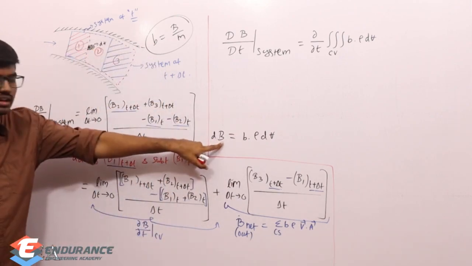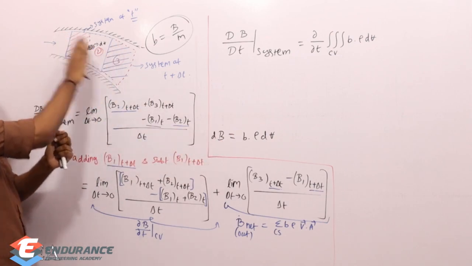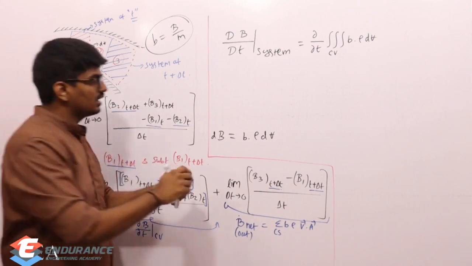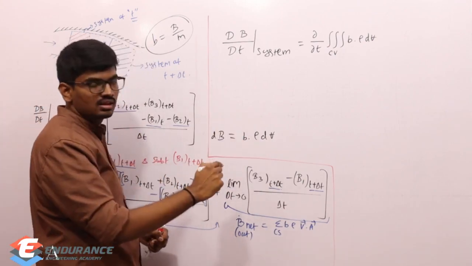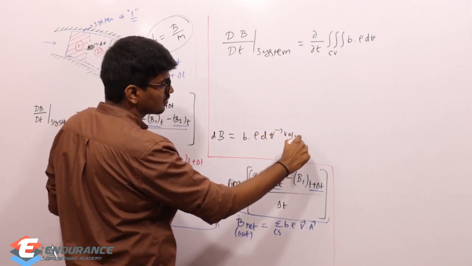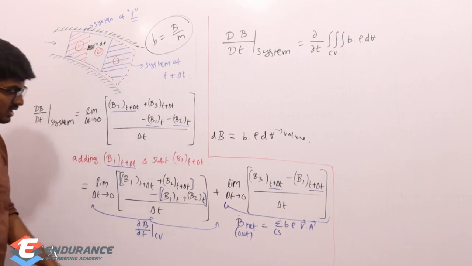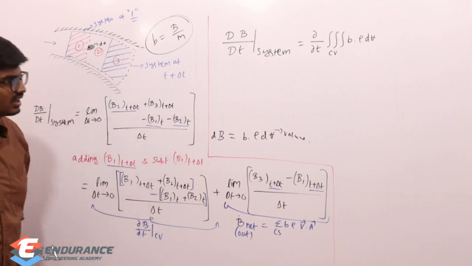If I want to find it over the complete control volume, then I need to volume integrate, because it is dV, where V indicates volume. So I need to apply volume integration. That is what I am doing here, so instead of B, I am taking the volume integration of that.